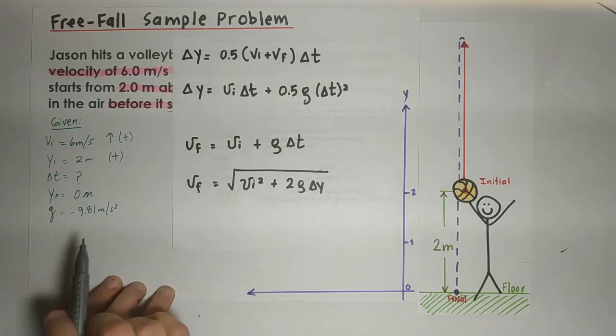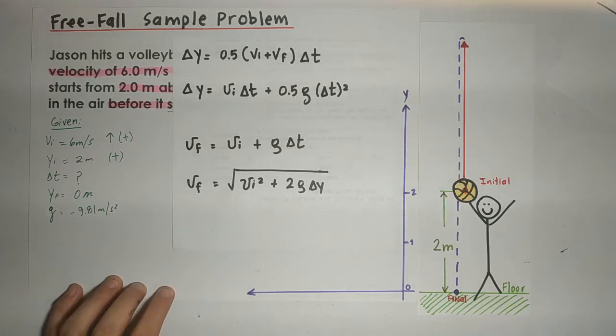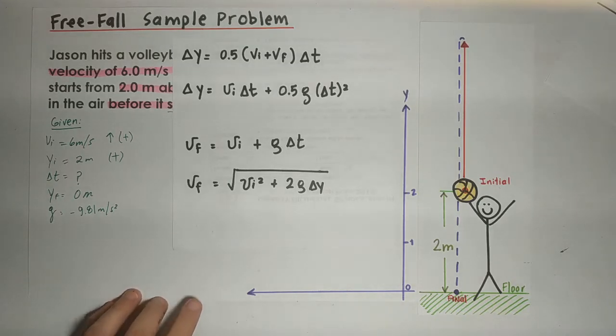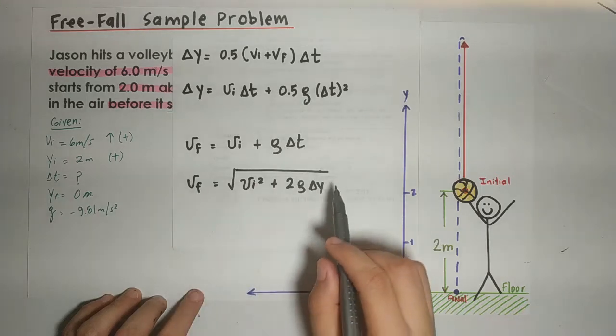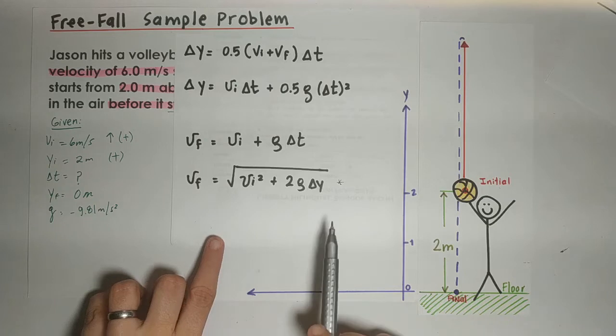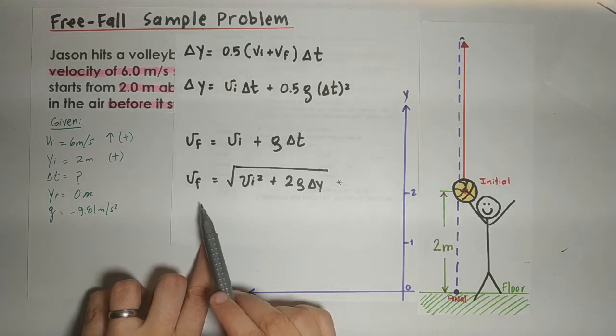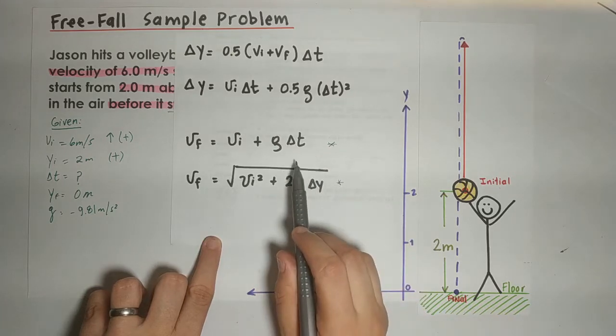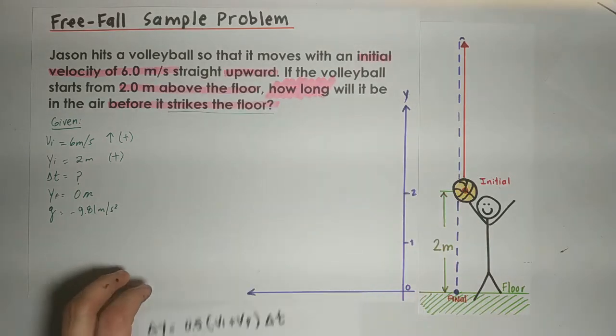This is the free fall acceleration on Earth. It's a given, guys. On Earth, if we change planet, we need to change gravity too. Now, the only formula that is useful at this point is this one. Why? Because we don't have time, that is unknown, but if we find the velocity with this other equation, we'll be able to find the time. So let's see what happens.